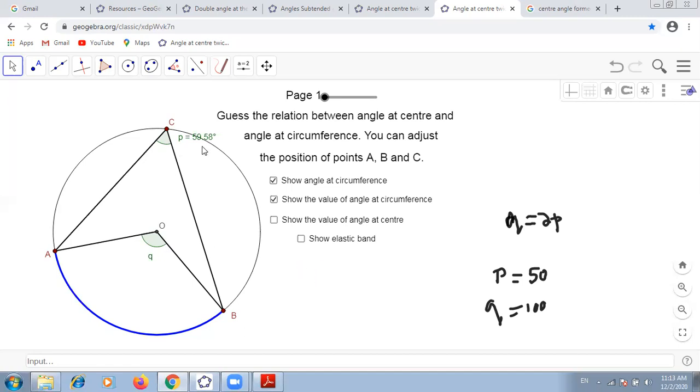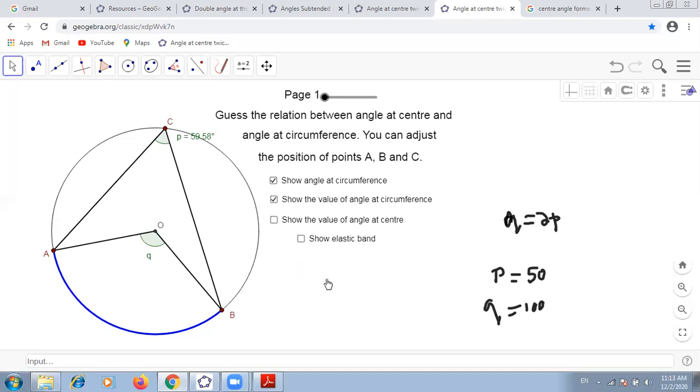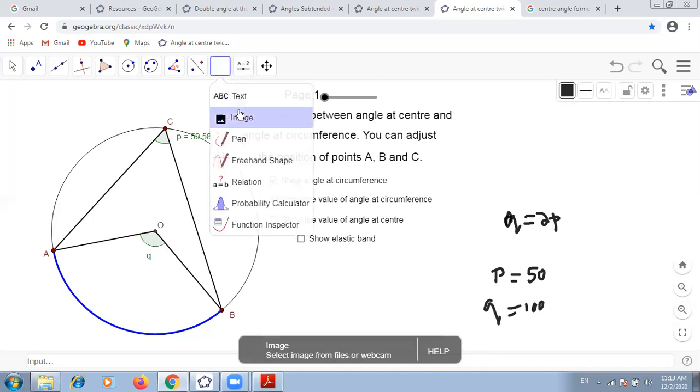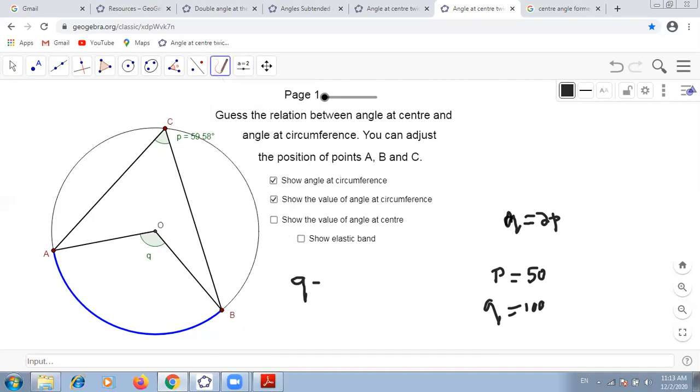So if P equals 59.58, it means that Q should be twice of 59.58, which is 119.16.